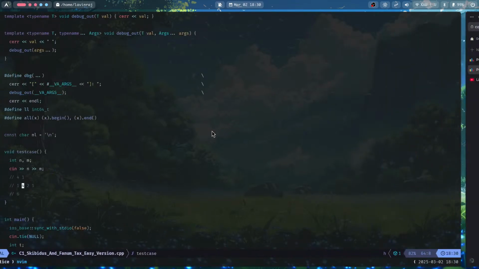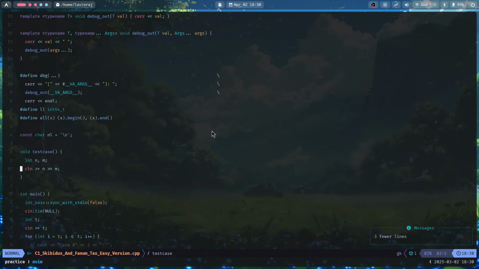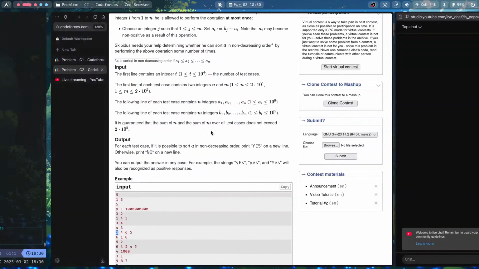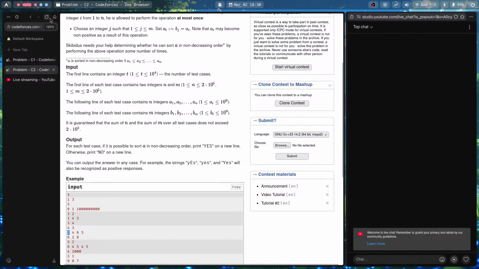Let's just clone this second problem instead of the first problem.